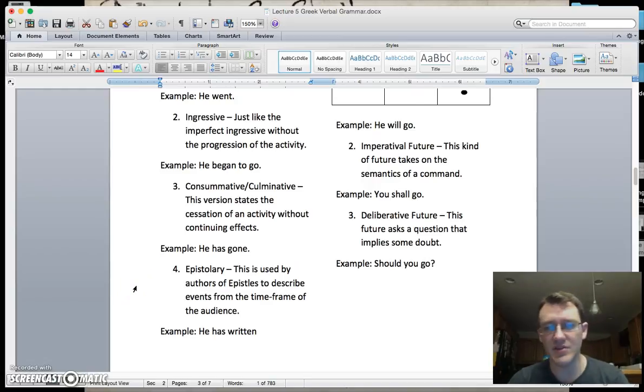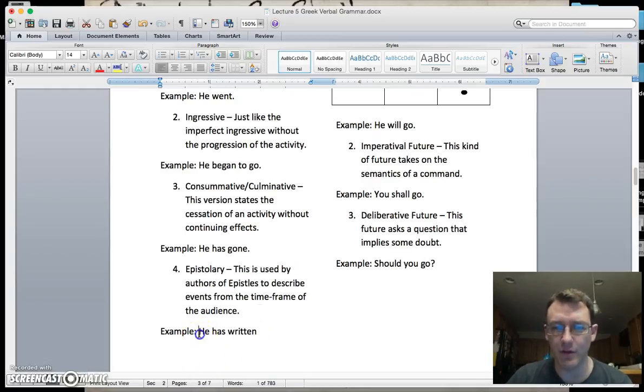And then the epistolary aorist, which is used by authors to describe events from the time frame of the author. So the simple example of this is, I wrote this letter. Well, I'm actually currently writing it, but from your perspective, I wrote it. So I wrote this letter to you in order to say this.